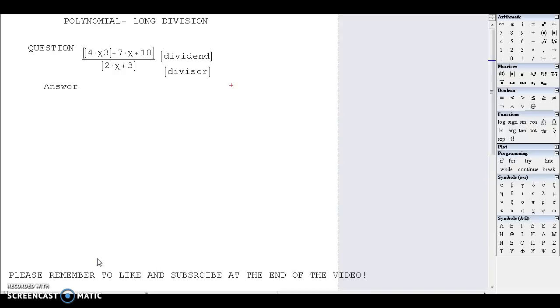So remember, when you're dividing a polynomial, the divisor must be equal to 0 for it to be a factor of the algebraic equation at the top right here, right?